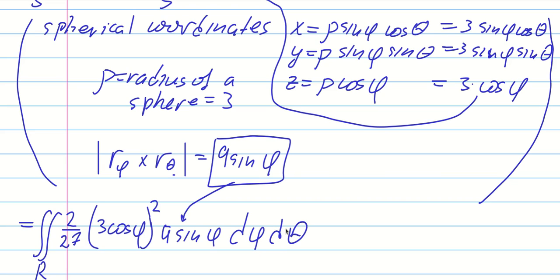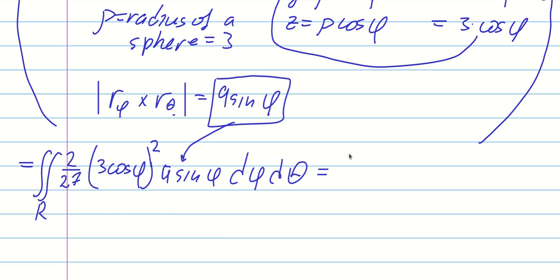The only thing left is to talk about our region. For phi we go 0 to pi because we're taking the full circle, and for theta we go full circle around on the bottom, 0 to 2 pi.